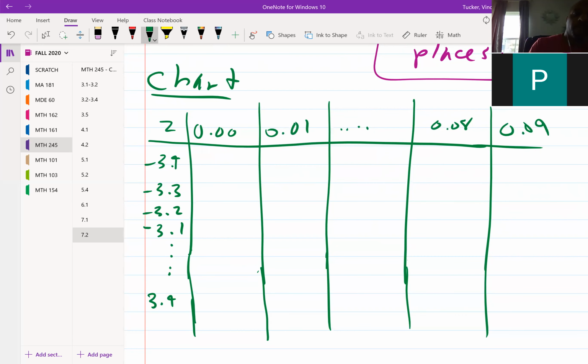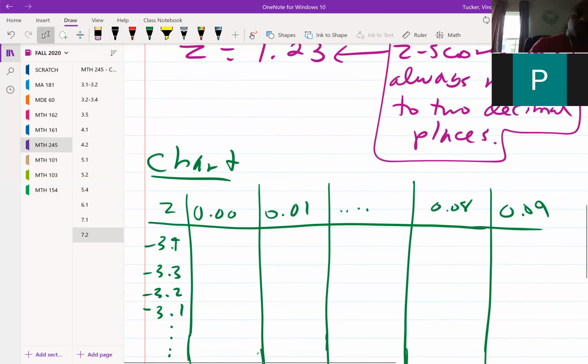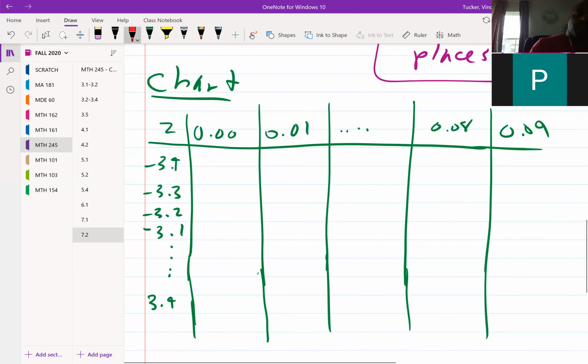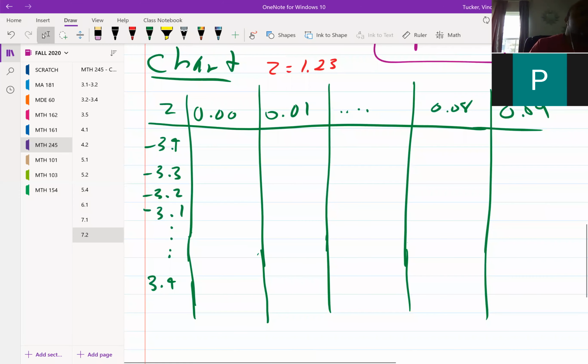All right. So when I go back to, and I'll write this down a little further. If I have that z-score of 1.23, to find a value that coincides with that 1.23, I'll probably do purple. The 1.2, I will look for in this column, and the 0.03, I will look for on this row up here.